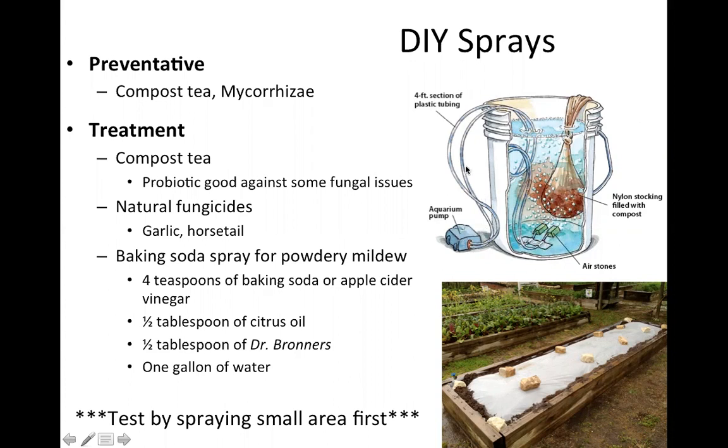They get a $10 aquarium pump to bubble it, add some organic molasses, and steep it for a couple of days, and then you have to use it right away. It's basically this awesome probiotic. You explode the beneficial biology into the water, and then you can spray that on your soil or on your leaves. It's a good fungicide.